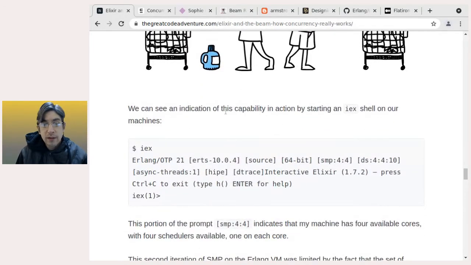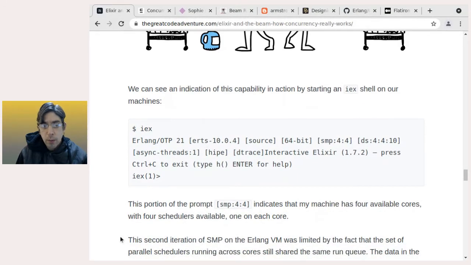We can see an indication of this capability in action by starting an IEx shell on our machines. Let me share my screen here.